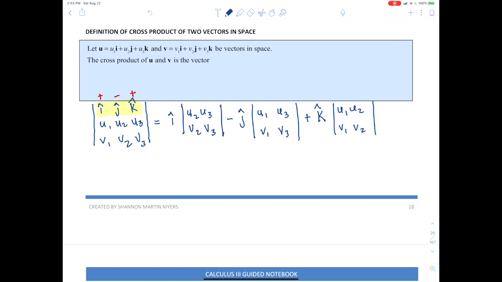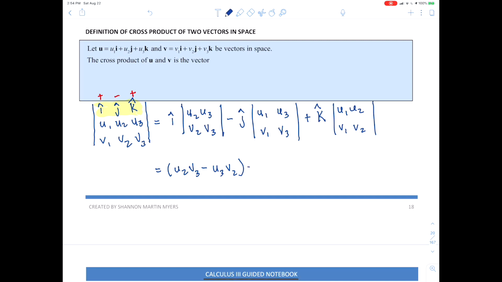And then what does that get us? I'm going to put the unit vectors to the right side. You just multiply across. So you get u2 times v3 minus u3 times v2. That's the result of the 2x2 determinant.